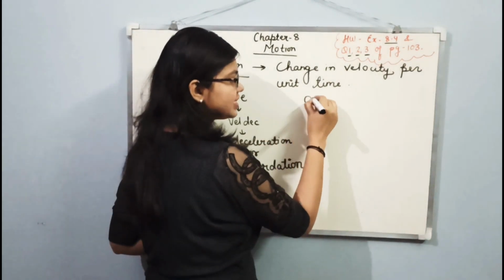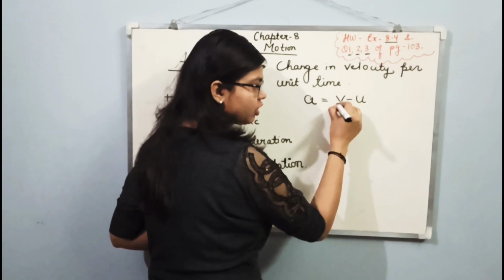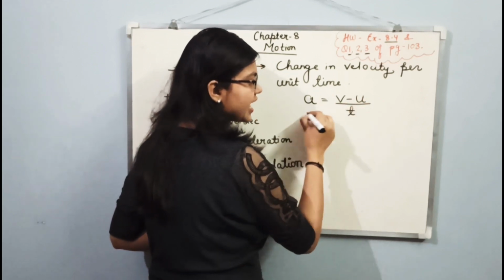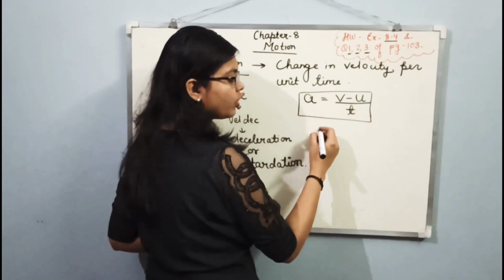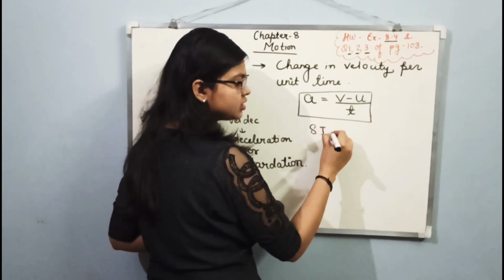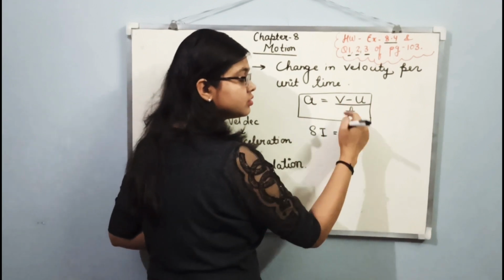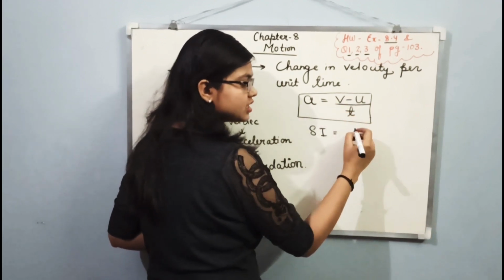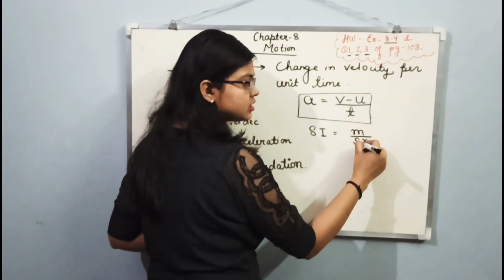So the formula for acceleration is final velocity minus initial velocity upon time taken. This is the mathematical formula for acceleration. And what is the SI unit of acceleration? It's very easy to calculate. The SI unit of velocity is meter per second and of time it is second.